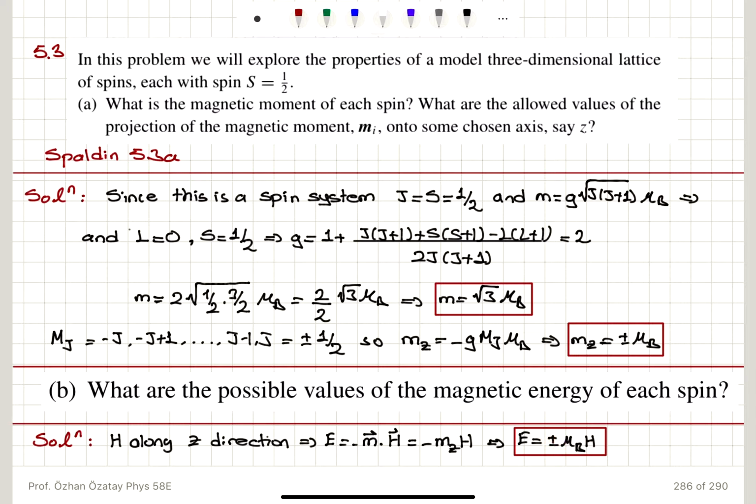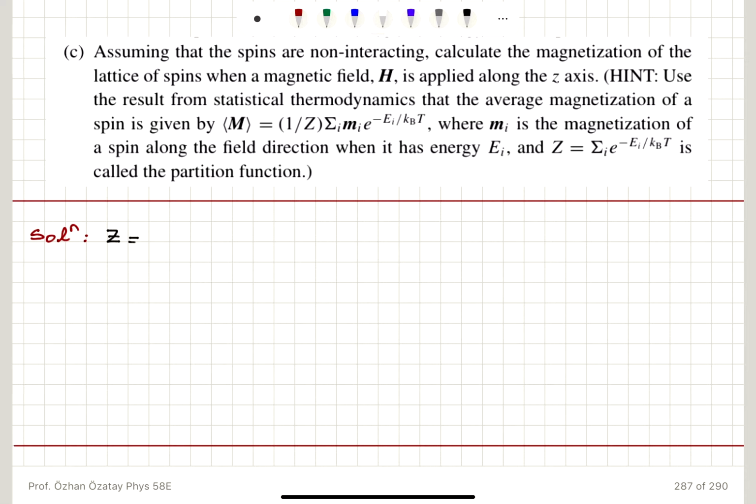It's either plus mu_B H or minus mu_B H. So we have e to the minus mu_B H over kT if it's plus mu_B H, and it's e to the plus mu_B H over kT if it's minus mu_B H. So this gives us, as you can see, e to the x plus e to the minus x.